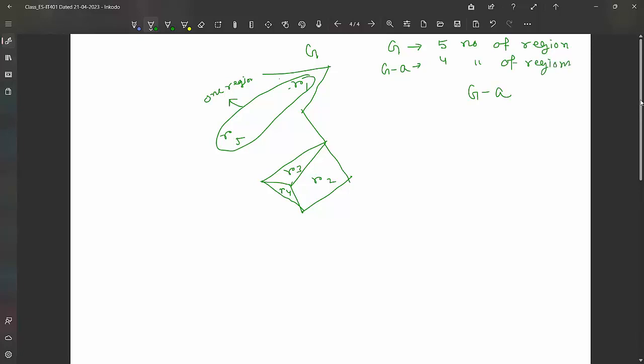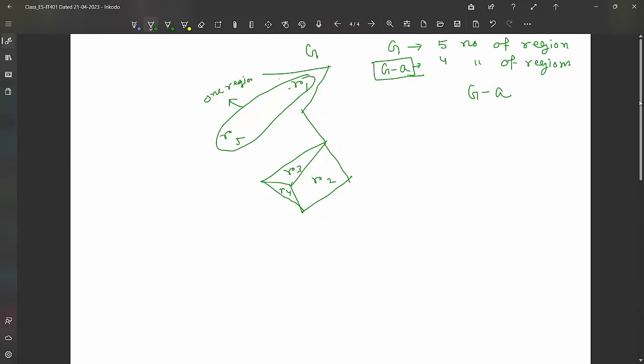That means now you can apply your induction, not for G, but for the G minus A graph, you can use your previous formula because you have already taken that our formula holds for any graph which has less than R regions.